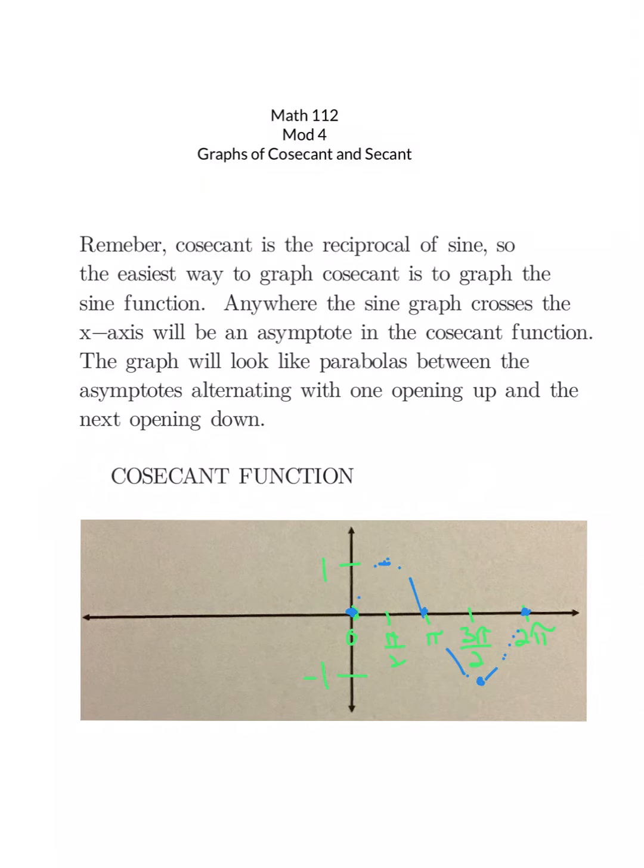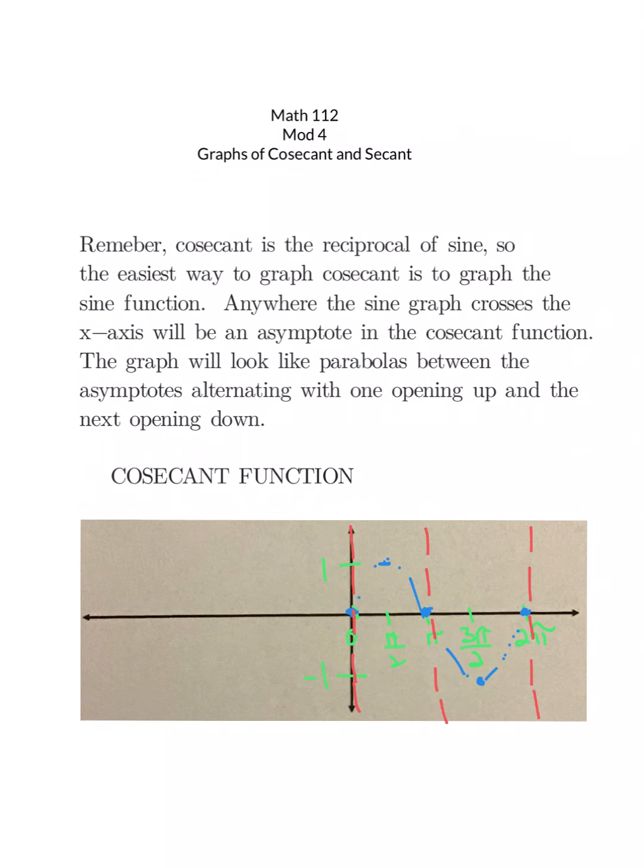Now, these places where the sine function crossed the x-axis are going to be the asymptotes for the cosecant function. So we have a vertical asymptote at 0, at pi, and at 2 pi.